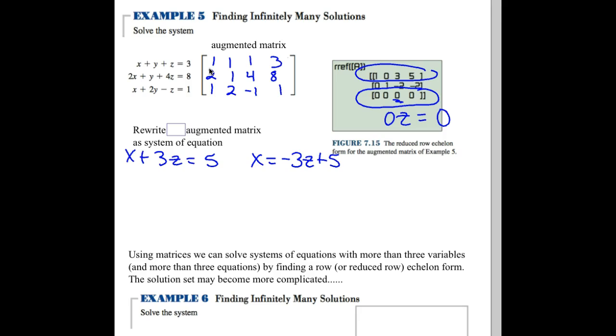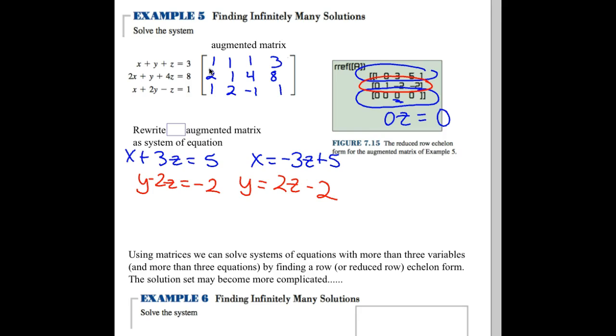Look at your second equation. We had 1y minus 2z equaling negative 2. Well, if I solve that for y, I could add the 2z over and get an expression for y that just uses z's.